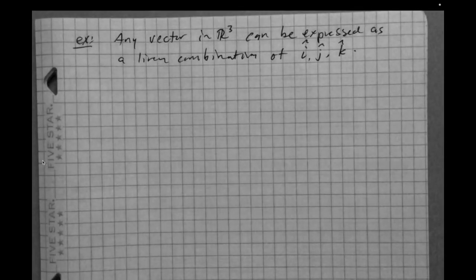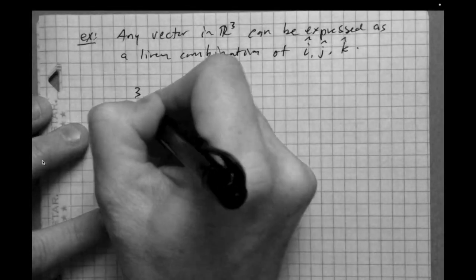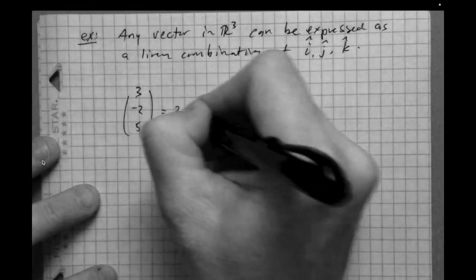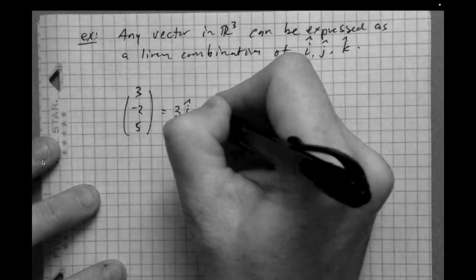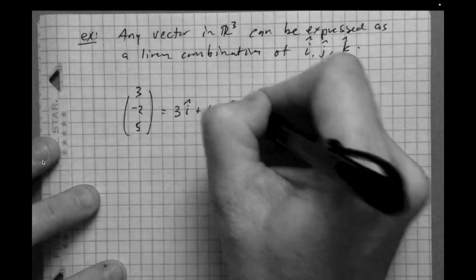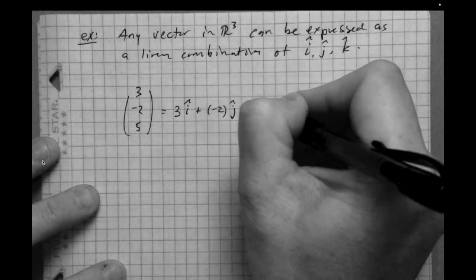So for example, if I take the vector (3, -2, 5), that's equal to 3i plus -2j plus 5k.